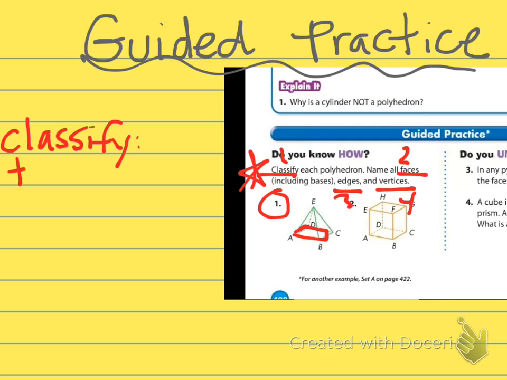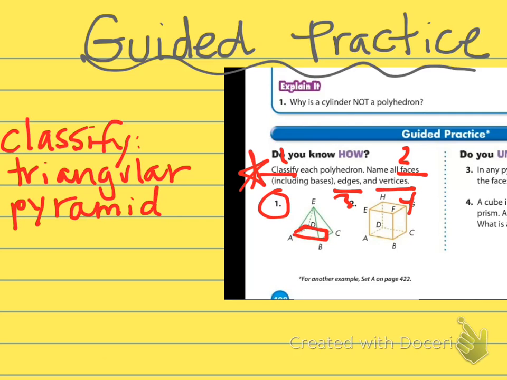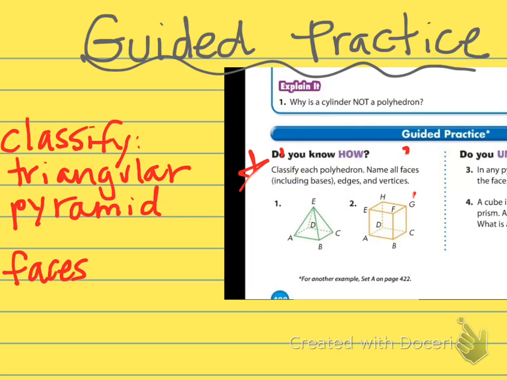Okay, so we write down the word for classify. Next step, cross that out. We're going to identify the faces. I'm going to erase this because now it's busy, so we can do the other section. Faces. In order to identify the faces, they want you to first write down the shape of the face.